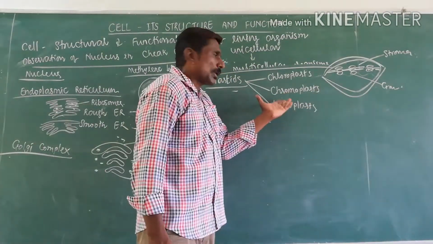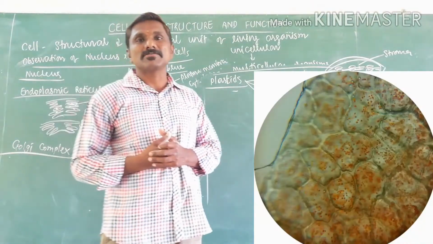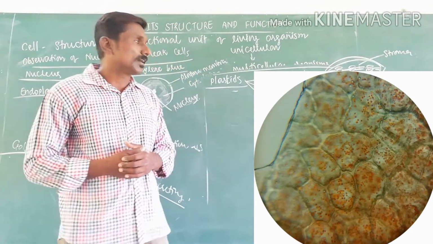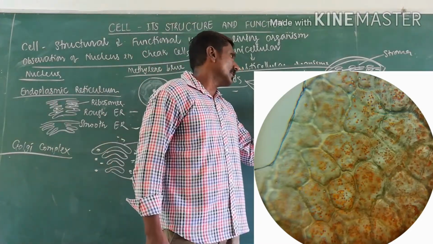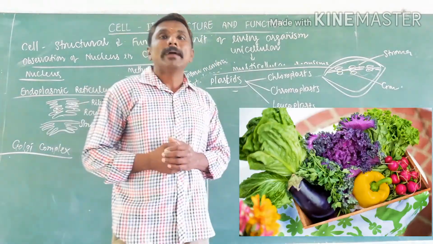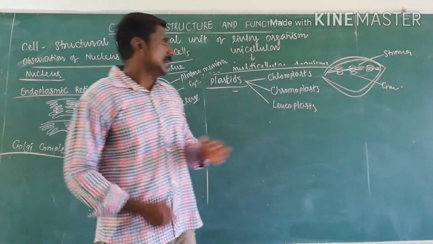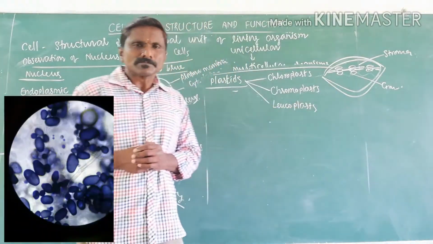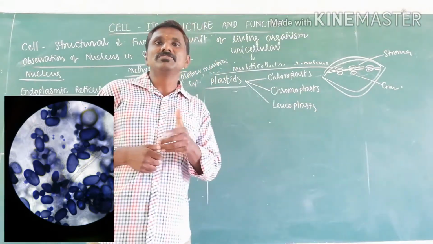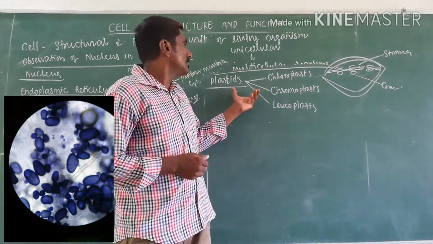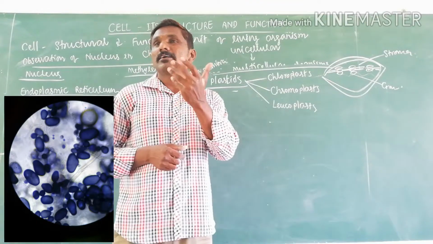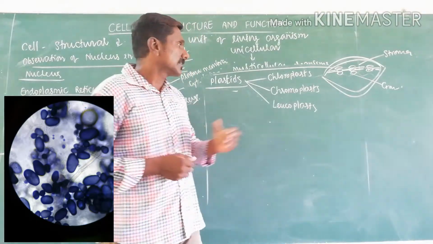And next one will be the chromoplast. Chromoplasts are the colored plastids, which are red, yellow, orange, like various colors. These chromoplasts are observed in the fruits, petals and flowers of the plant. And next, leucoplasts are the plastids which are observed in the seeds and grains of the plant.